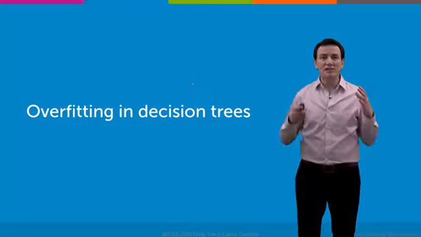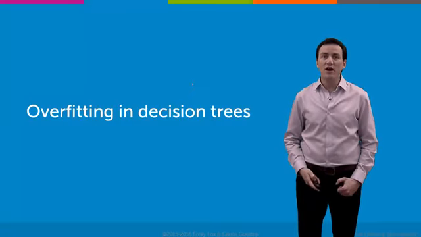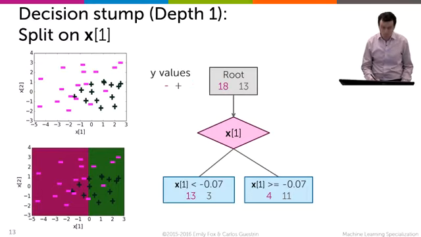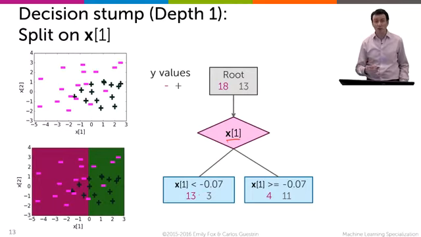With all that in mind, let's just dig in and observe how overfitting comes about in the context of decision trees. When we start learning a decision tree, we learn a decision stump, which is a very simple boundary between the data. Let's say in our simple example we've been using, it's either a vertical line or a horizontal line. In this case, the decision is with respect to x1, whether it's less than -0.07 or greater than -0.07.